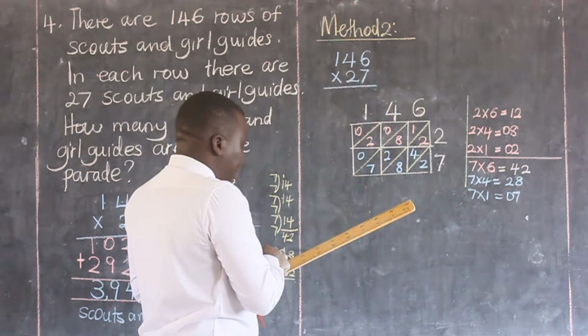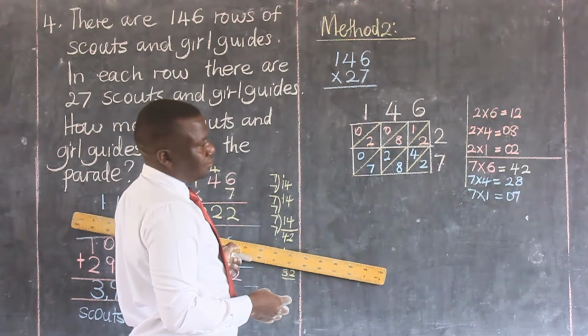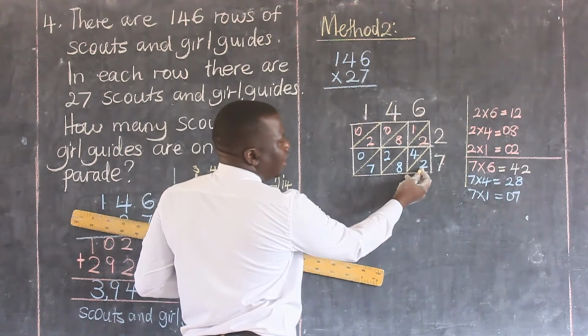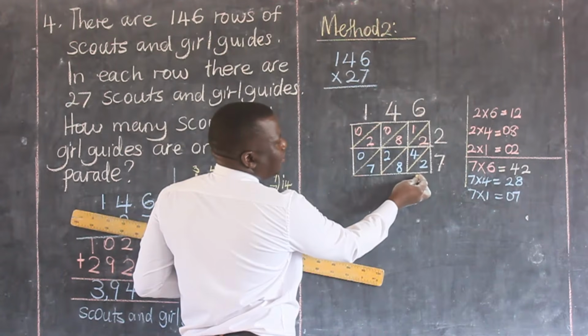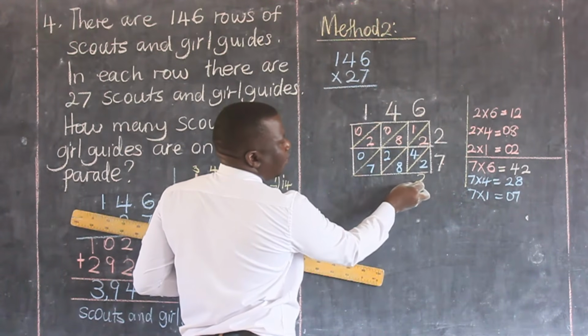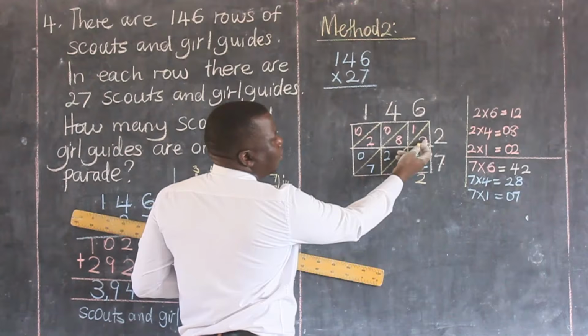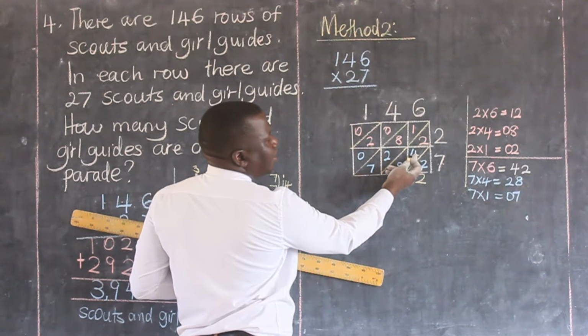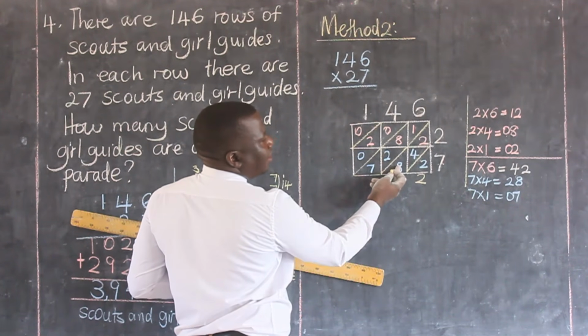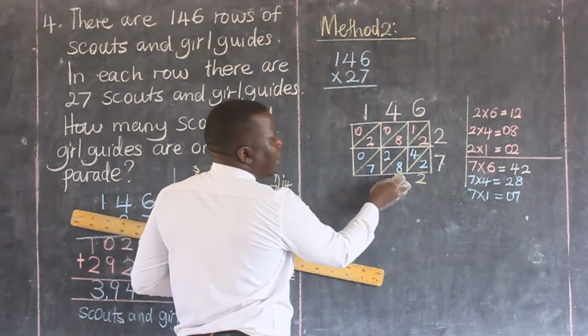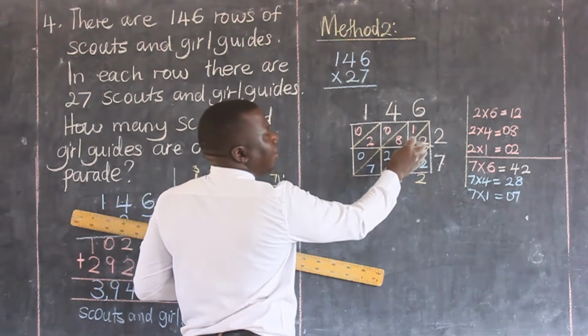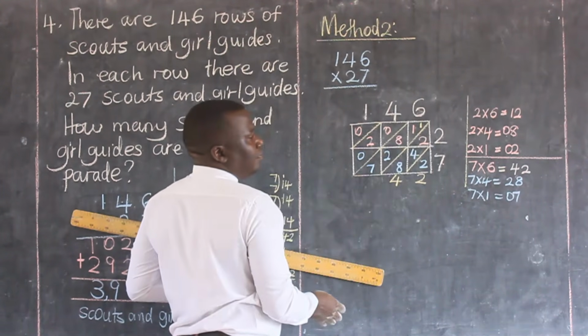Now, the last bit is adding. Each of these, we shall get here 2. Then when you come to adding these, 2 plus 4, 6 plus 8, that is 14. So we shall write 4, but carry the 1 here.